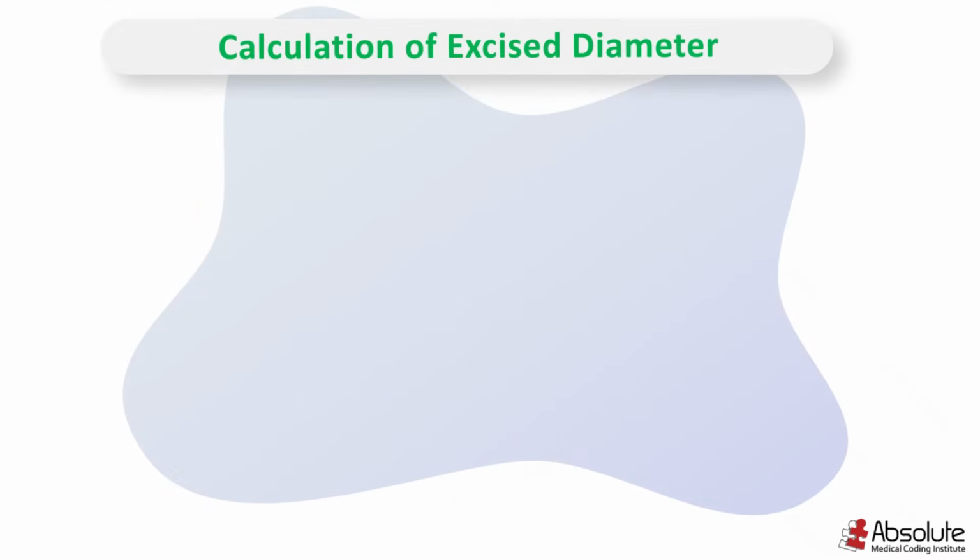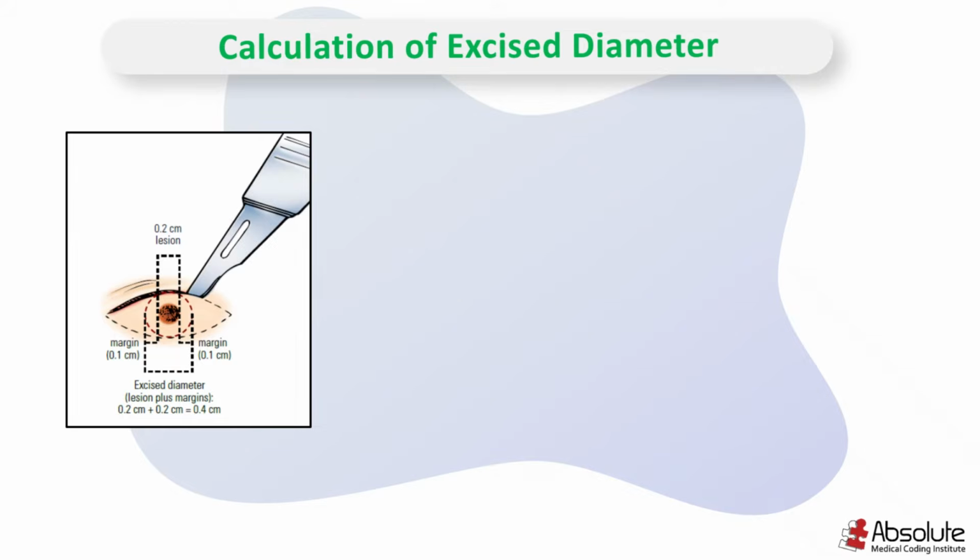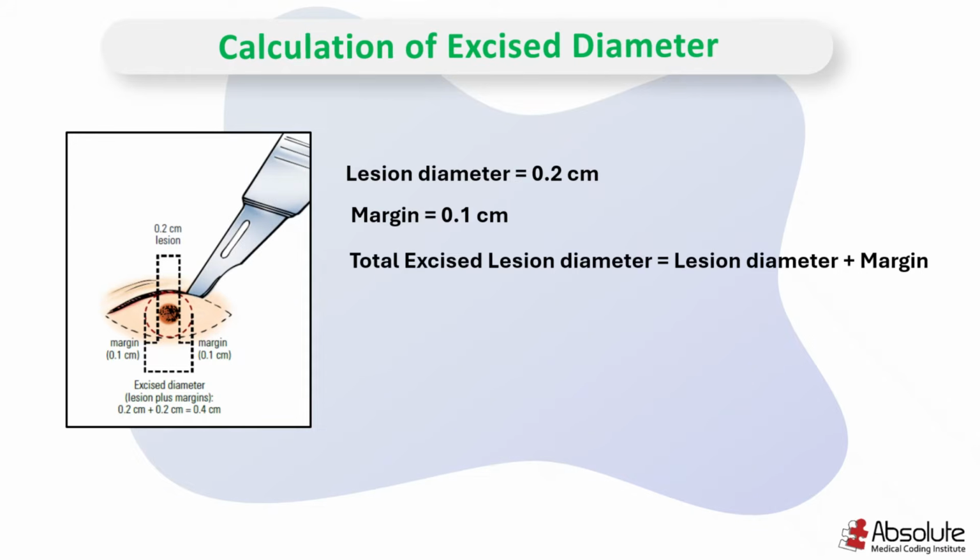Now, let me explain how the excised diameter is calculated with the help of an example. Here, the provider documents a lesion measuring 0.2 cm diameter and with a margin of 0.1 cm on both sides. So as per our formula, total excised diameter would be the lesion diameter plus the margin.